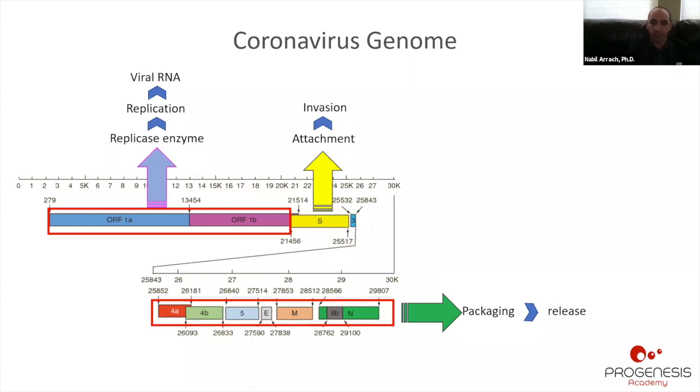And so the three main components of the virus: in yellow is the S protein that is used for adhesion. And then you have the 3' polypeptide that is used for packaging and release of the virus outside of the cell. And then you have the 5' that is used for replication.